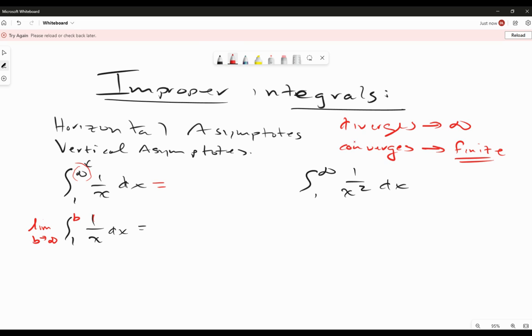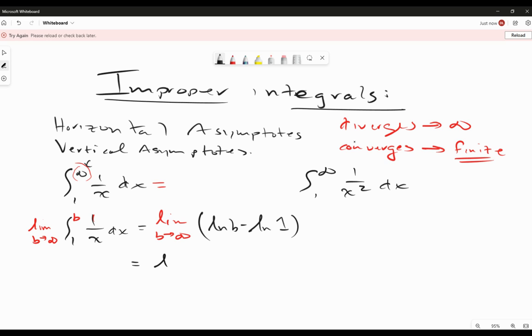We're going to rewrite it again: the limit as b approaches infinity of, according to the fundamental theorem of calculus, the natural log of b, because the integral of 1 over x is the natural log, minus the integral at 1. Upper minus lower.